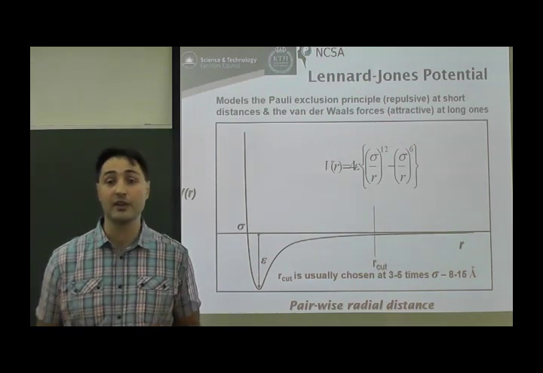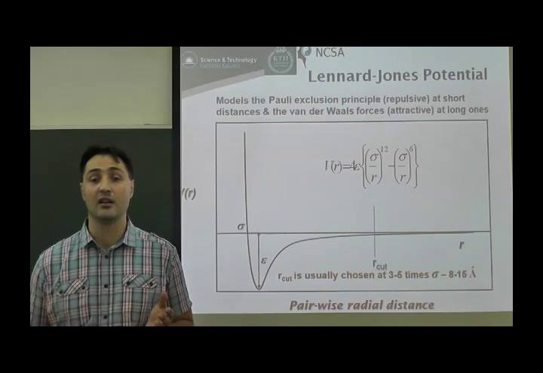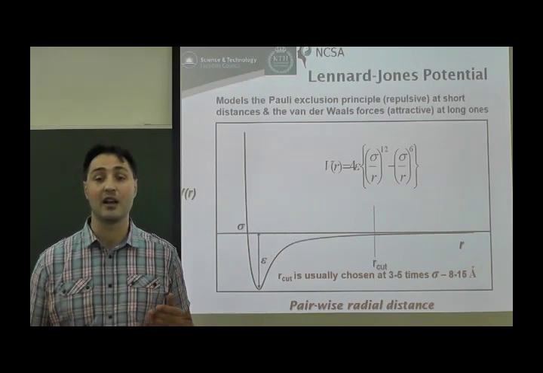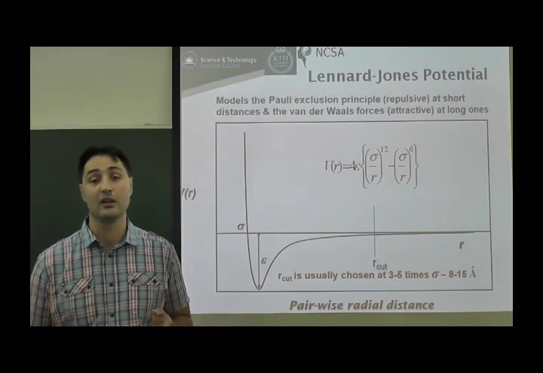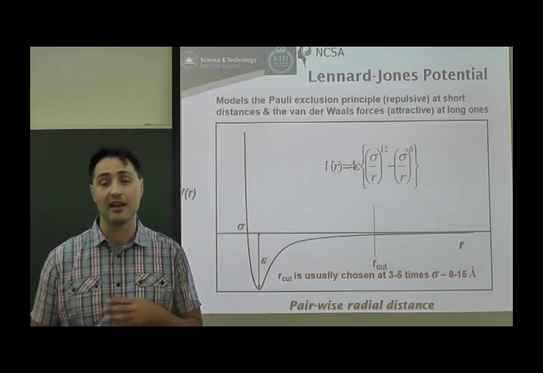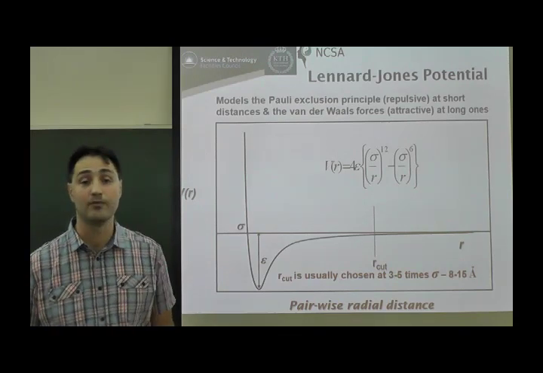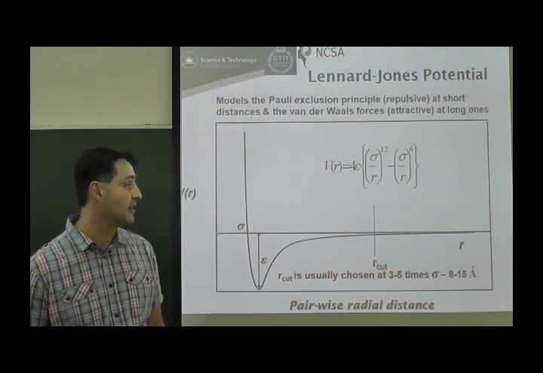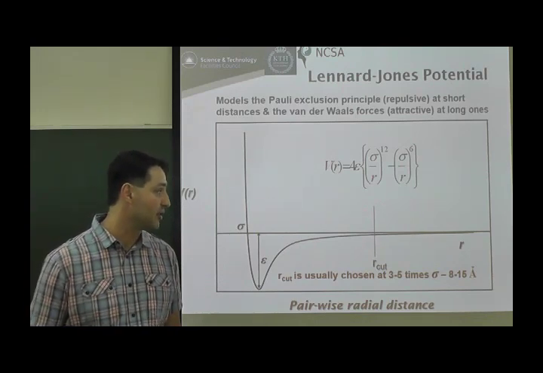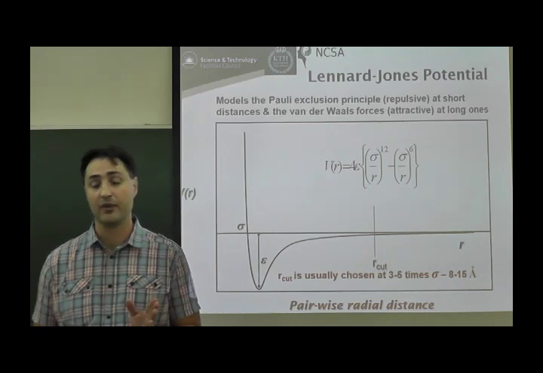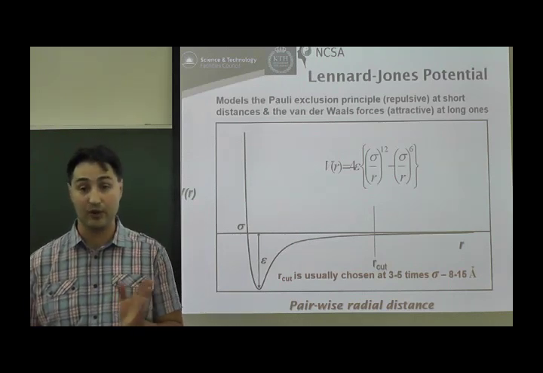Because on the computer we would like to minimize the time we calculate this interaction, and we pick it in such a manner that beyond it this potential is very close to zero, and that there shouldn't be any consequences to increasing it.